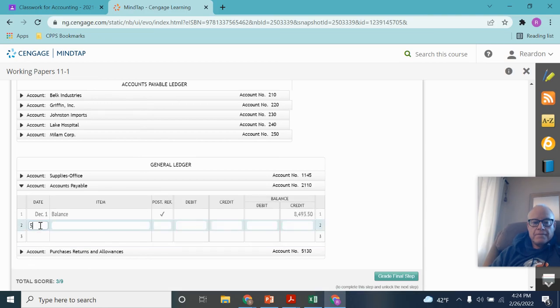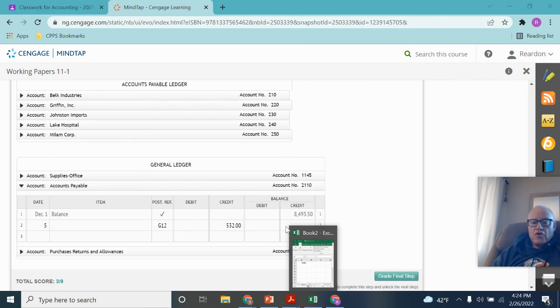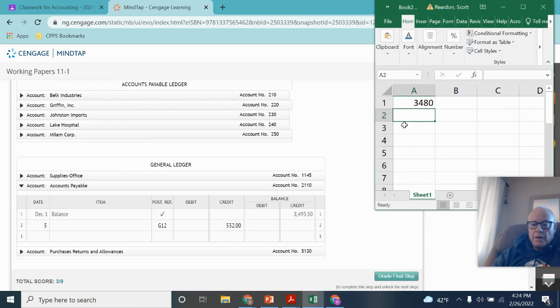On the 5th, G12, credit 532. And again, I have a previous credit of 8493.5.